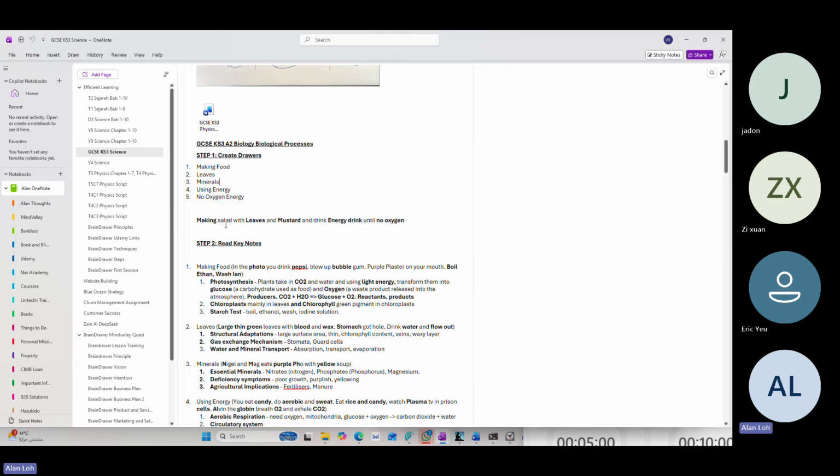So: making salad with leaves and mustard, and drink energy drink until no oxygen. Okay, the story doesn't sound logical, but that is the point. We wanted to make it illogical so that it will create more emotions. Remember, I told you emotions plus information equals long-term memory.